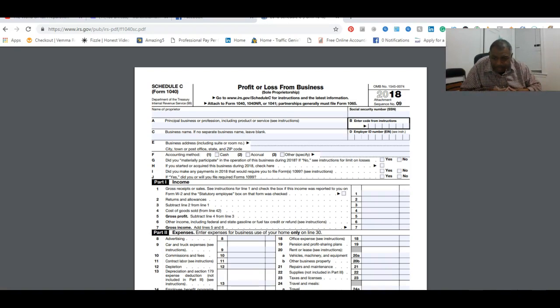Line 2 is returns and allowances. That basically deals with people who are selling retail, in the retail industry, who have an inventory. So if you don't fall into that category, then it won't apply to you. Line 3, you subtract 2 from 1 and put it on 3. Cost of goods sold, again, applies to people in retail-based industries who have inventory that they want to leverage.